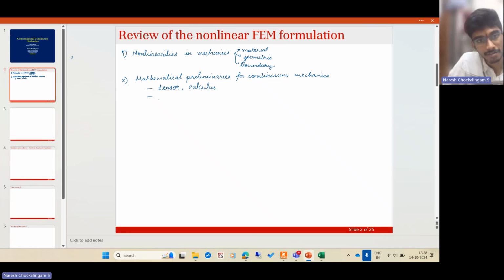Then we looked at linearization, in terms of the directional derivative. So this is important in computations.